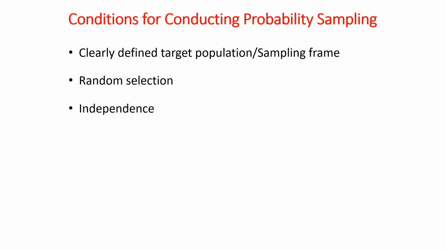If we take a target population of 100 and select the first item, the probability is 1 over 100. If we again select the second, the third, and the fourth, the probability should be the same, 1 over 100. This is what we call independence.